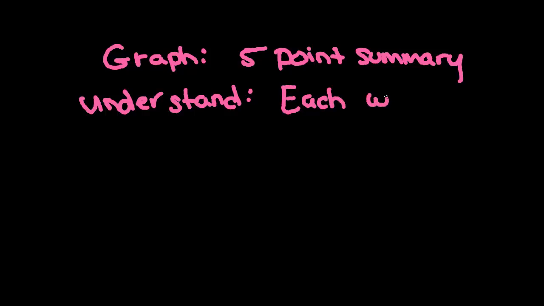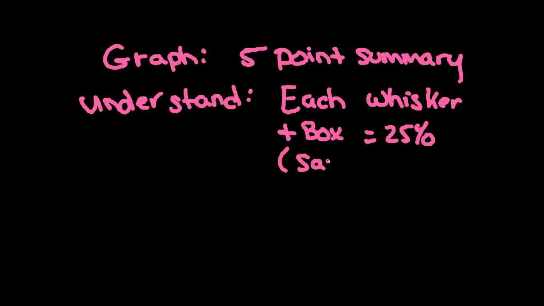Each whisker and box is 25%, the same number of data values, which, when you interpret it, you have to take into consideration.